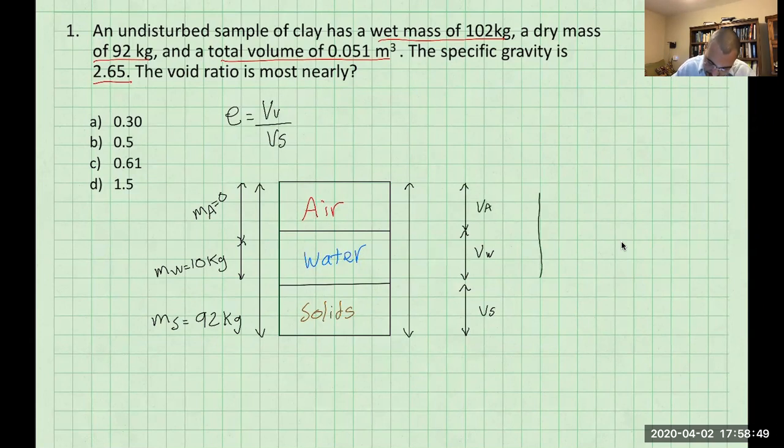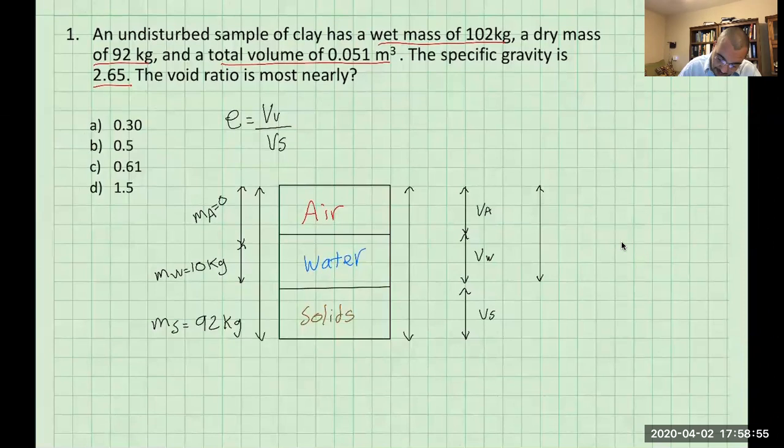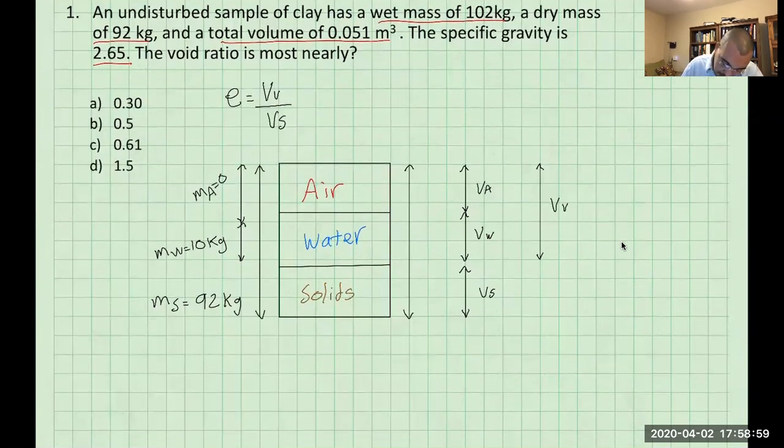The combination of air and water in the sample is the volume of voids. And this is the total volume, which is equal to 0.051 meters cubed. Now, we are looking for the void ratio.